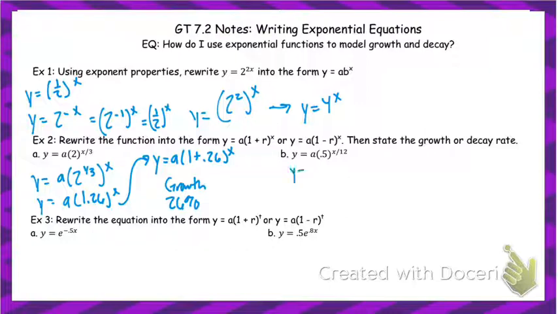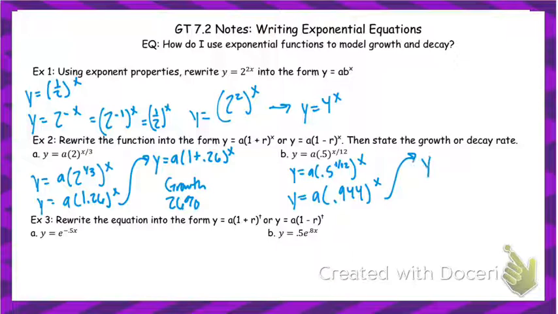All right, let's try and rewrite b. Okay, so I'd rewrite this as a times 0.5 to the 1/12 to the x. So I'll actually plug into a calculator 0.5 to the 1/12. So 0.5 to the 1/12 gives me 0.944, which then tells me that it's looking at decay because that's less than 1.